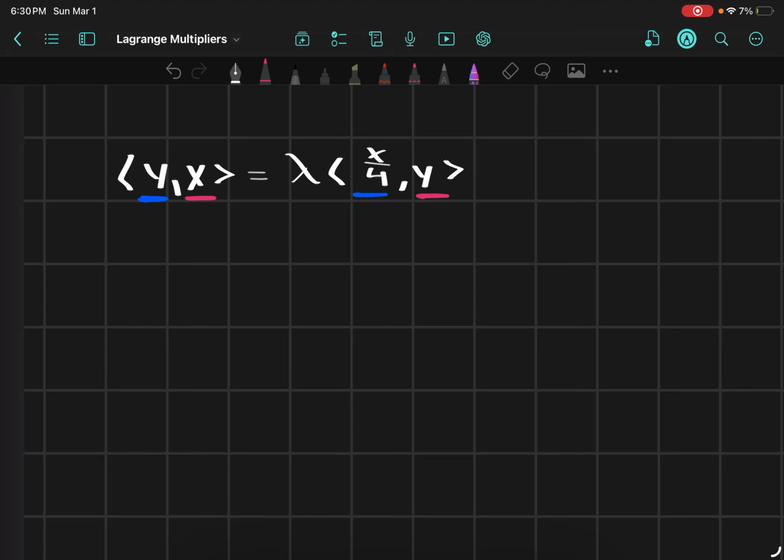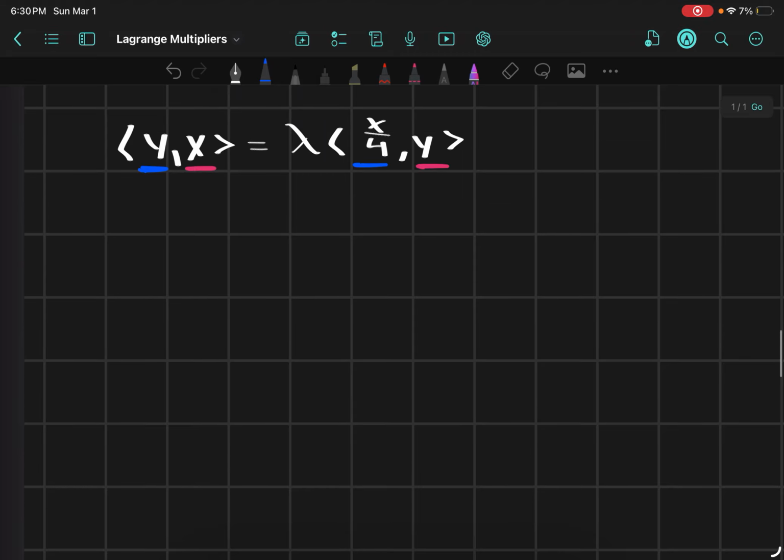So we have y is equal to lambda x over 4. That's our first equation.